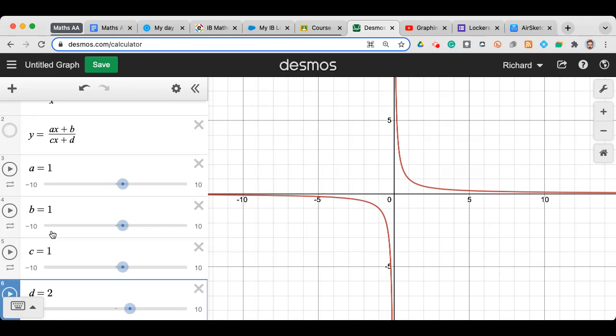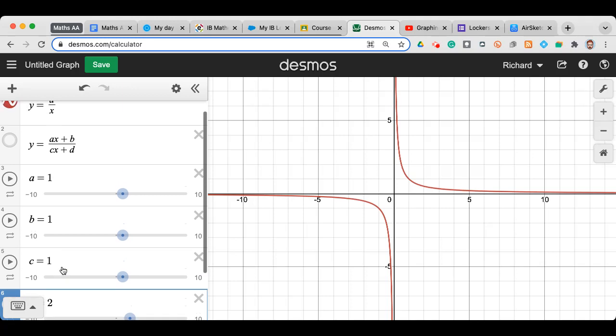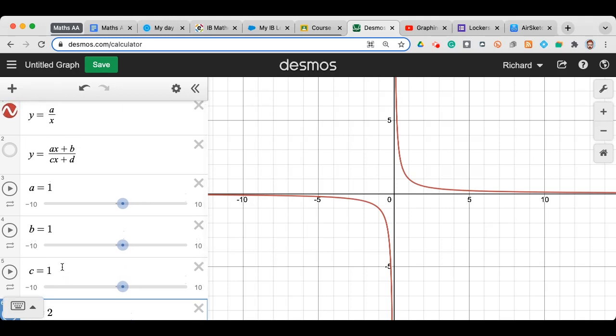Yeah. So I've used this phrase before. It would be trivial to have all of them equal to 1. So I've made d equal to 2 just to change it up a little bit. The question I've got for you, and I'll give you 30 seconds only, really, just to talk to the person or people next to you.